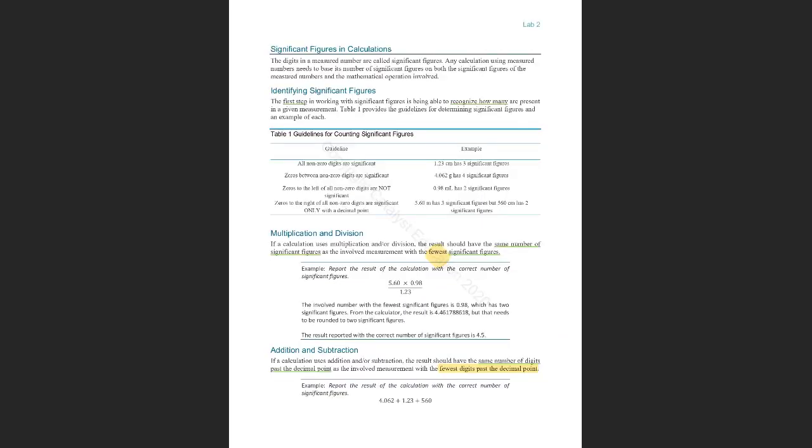And then they are talking here about significant figures in calculations. So here it says the digits in a measured number are called sig figs. The sig figs are the digits that, as I mentioned at the beginning, are going to tell me what is the precision of that measurement. So the number of the measured digits, when I do a measurement, I count how many digits I measure.